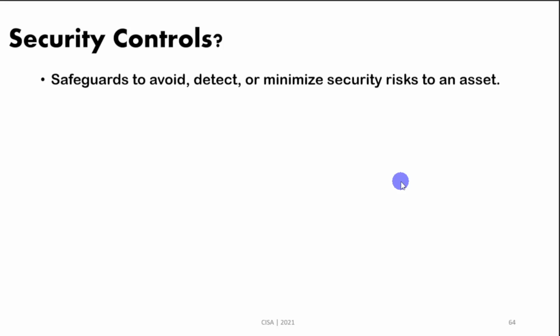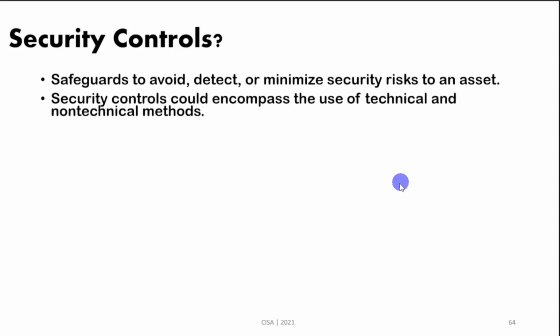Full elimination is not an option, unfortunately. Security controls could encompass the use of technical and non-technical methods. For instance, if I need to secure a building and I implement security cameras, this is a technical control. But when I say that I will hire a security guard, this is a non-technical control. So security controls can be technical and non-technical.